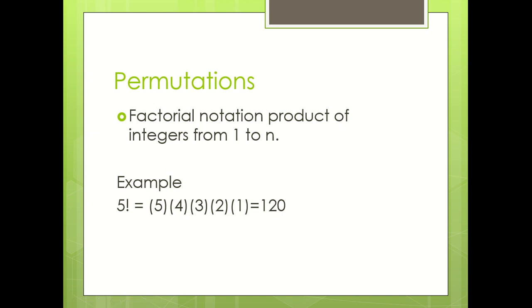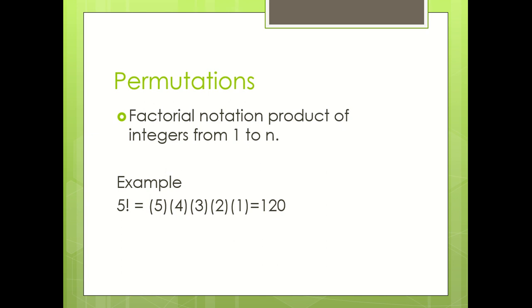Before we discuss permutations, we will discuss first factorial notation, because in the formula of the permutations, the factorial notation is actually included there. When we speak of a factorial notation, it is simply the product of integers from 1 to n, where n is the given number. The factorial notation is represented by an exclamation point.